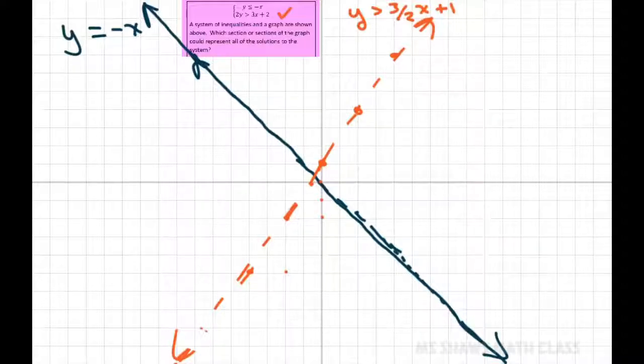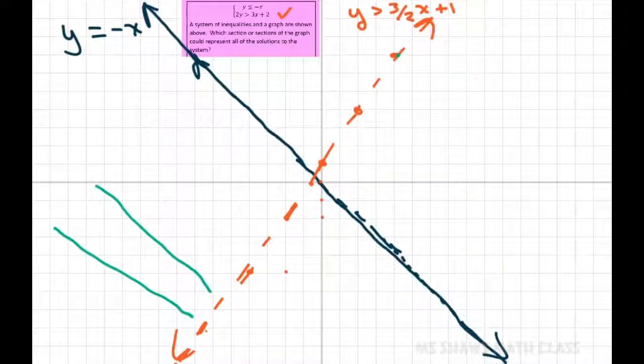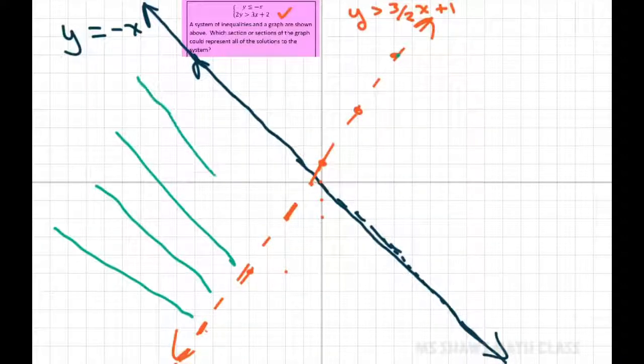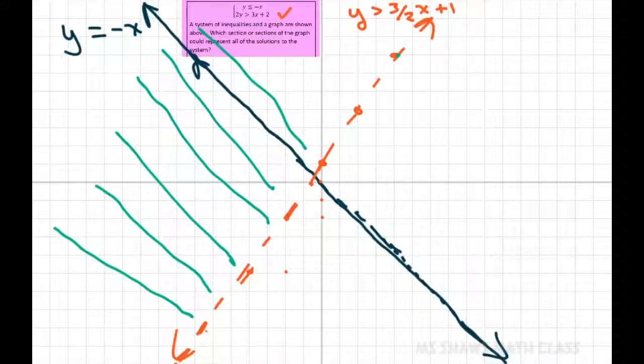And just make it a little better here. So you have a dashed line, and it says it's greater than. That means you're going to pick a point on the line and shade up. So I'm going to shade up here, on top of it, not below it. And there it is.